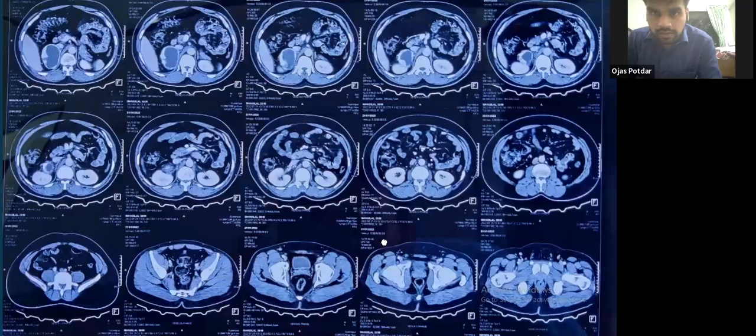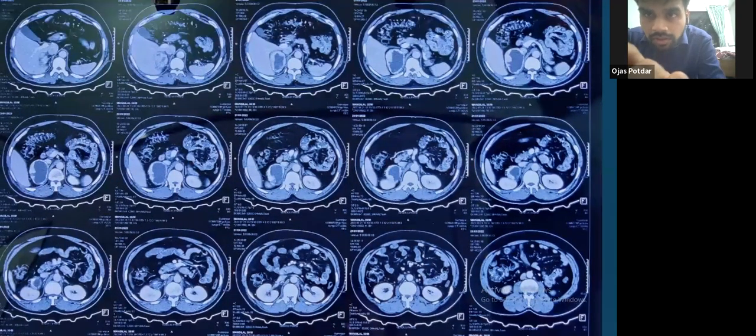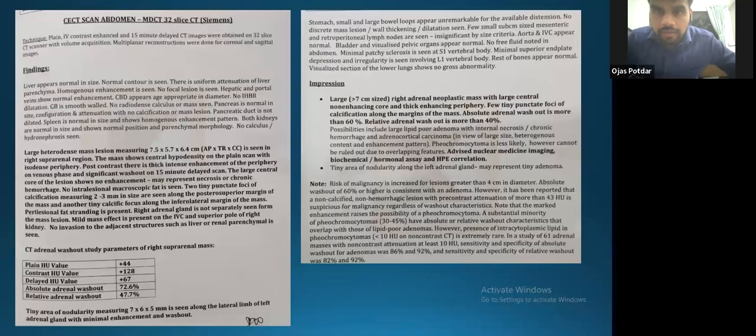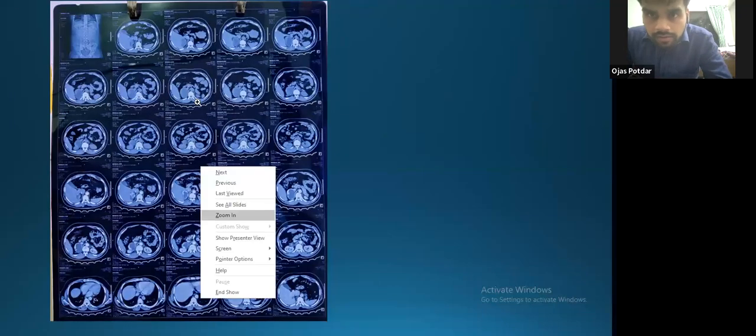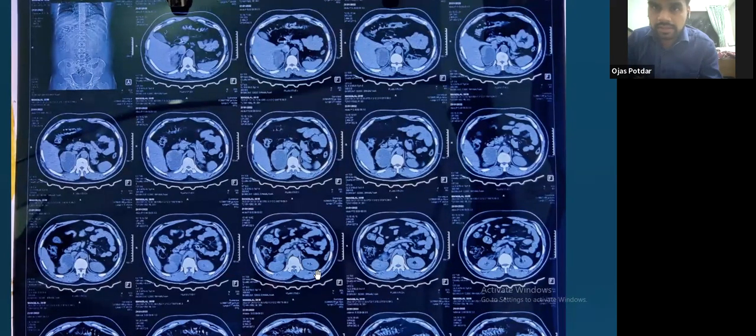Yes, sir. So initial films, the plain films. This is a plain film of the abdomen, axial sections, in which the liver is normal, spleen is normal.